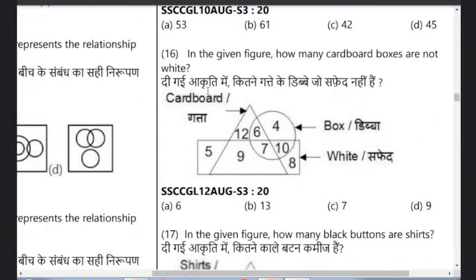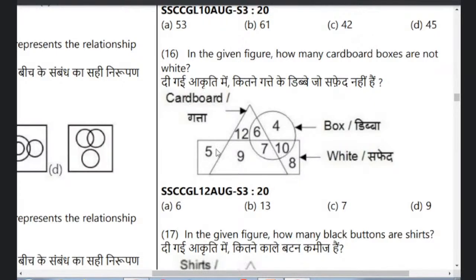In the 16th, we have to find how many cardboard boxes are not white. The rectangle represents the cardboard, the box is represented by the circle, and white is represented by the rectangle.